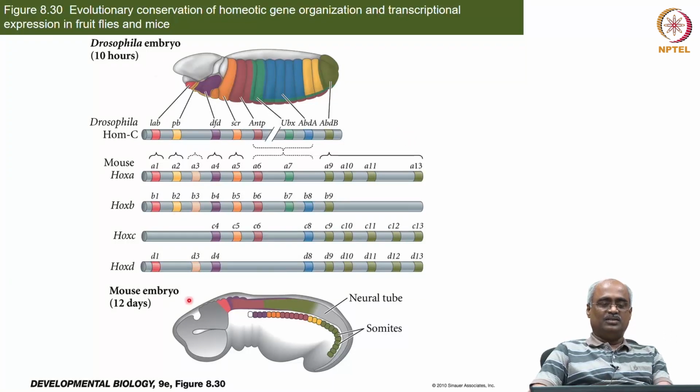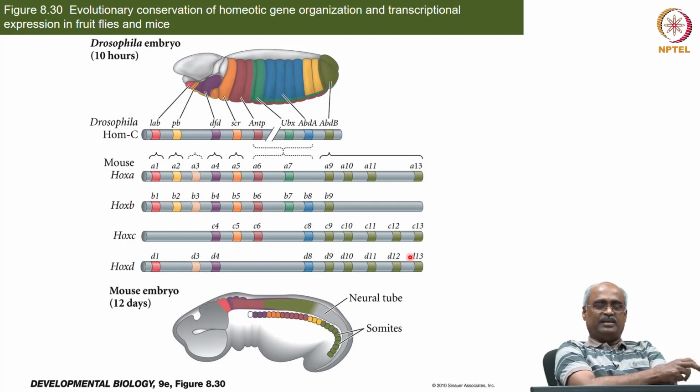Alright, so let us revisit Hox genes. I am saying revisit because we have already learnt about Hox genes when we discussed Drosophila anterior posterior axis formation. So we saw that Hox genes in Drosophila are all present on one chromosome in two clusters, the anterior cluster, the Antennapedia cluster, and the posterior cluster, which is the bithorax cluster.